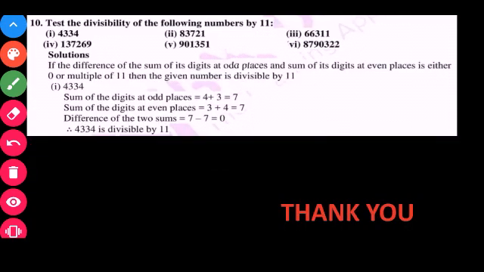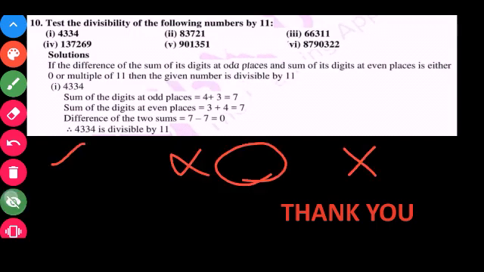Now last, divisibility of 11. To test divisibility of 11, first we find the odd place digits and even place digits.